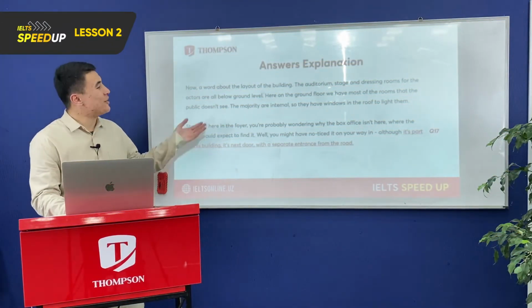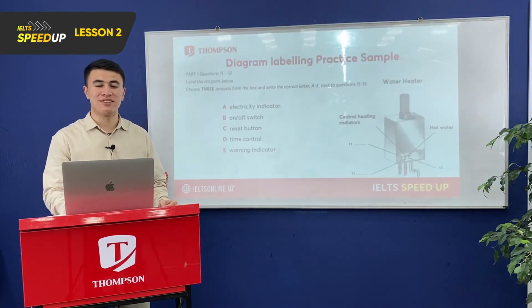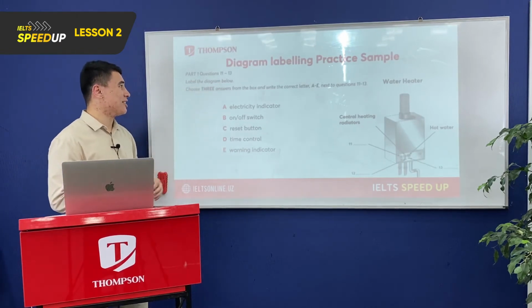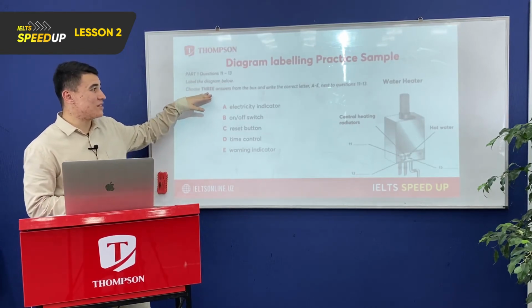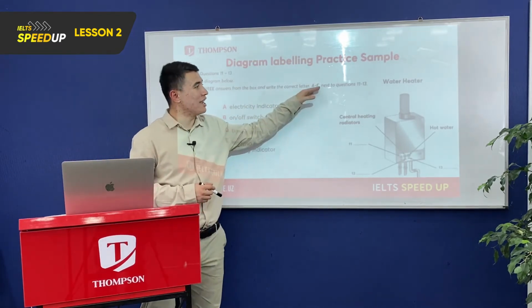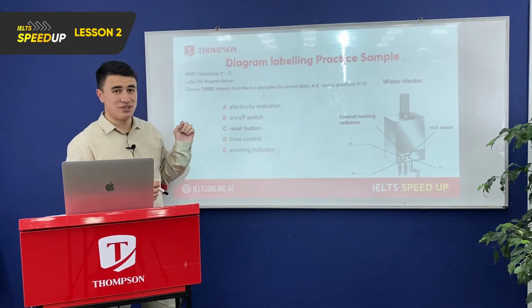Here, guys, you're given a script to check your answers. So the next question type is diagram labeling. You should choose 3 answers from the box and write the correct letter from A to E next to questions 11 to 13.